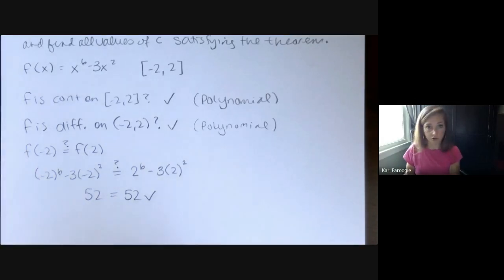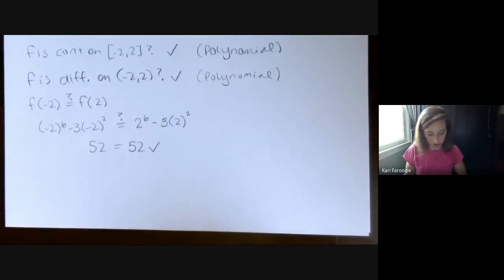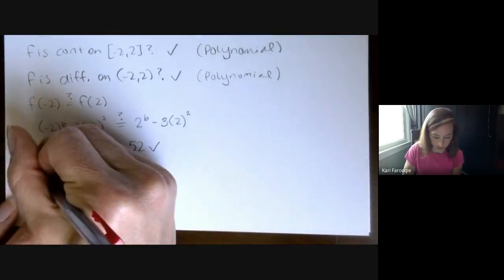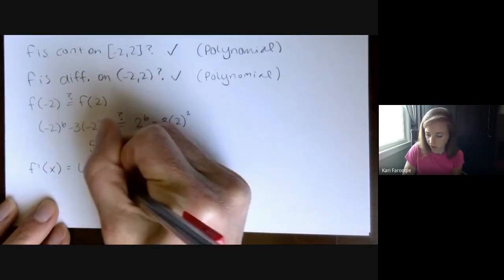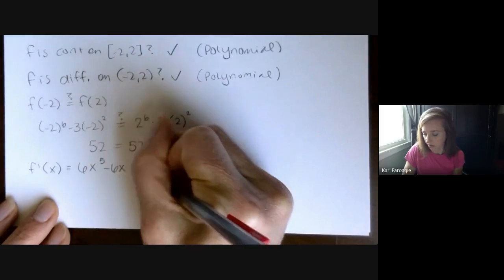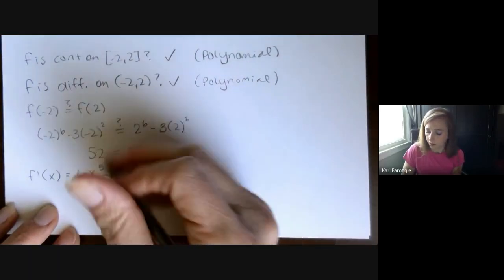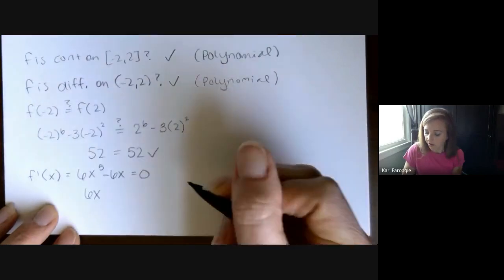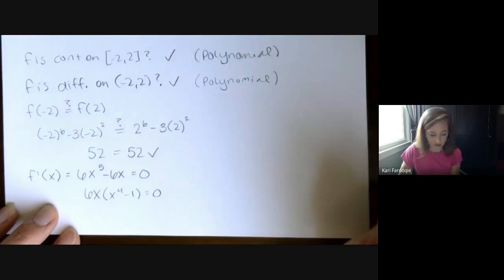So in order to figure this out, we're going to take the derivative and we're going to set it equal to 0. So we're going to take f prime of x, which is 6x to the 5th, minus 6x. We're going to set it equal to 0. And then you're going to factor out a 6x, and that's going to leave you with x to the 4th minus 1 equals 0.